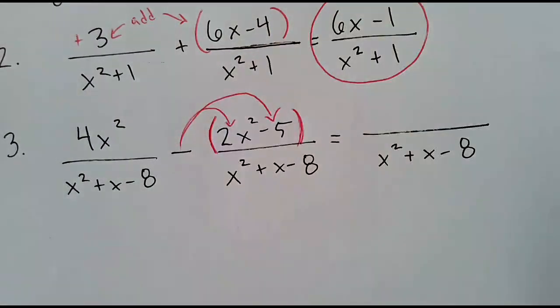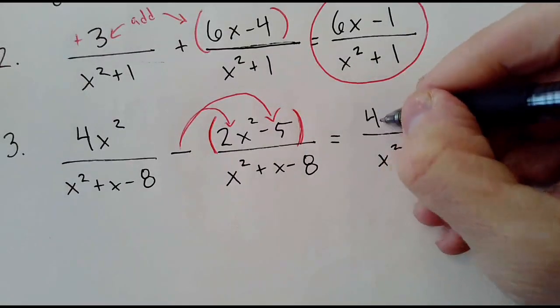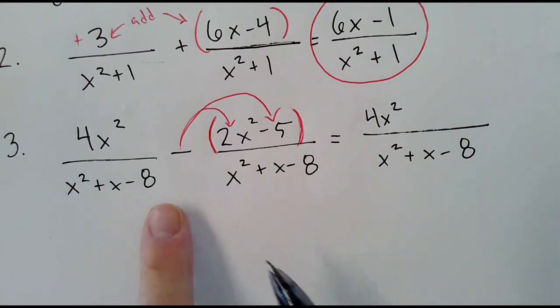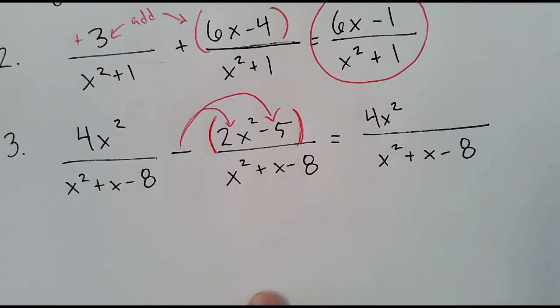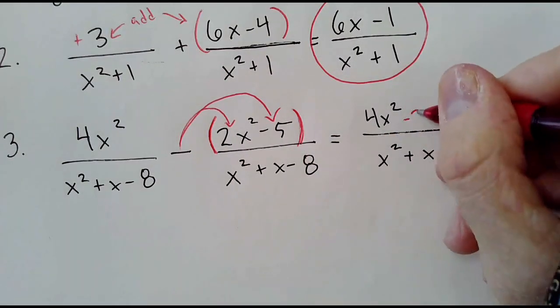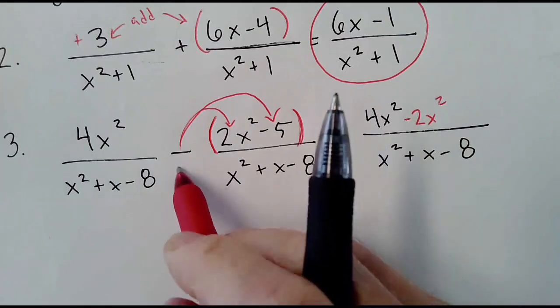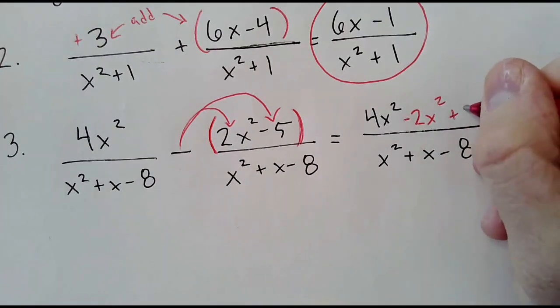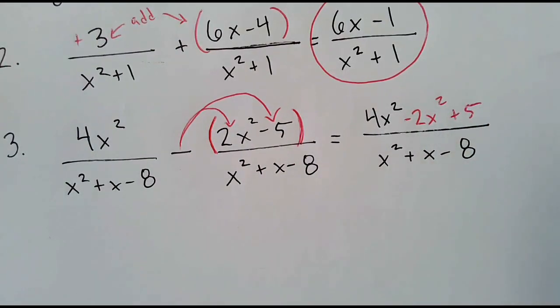So I have my 4x squared from the first fraction, but then I'm going to have to distribute that negative. So then, therefore, it becomes negative 2x squared, and then plus 5. So now that's going to give me the right answer.